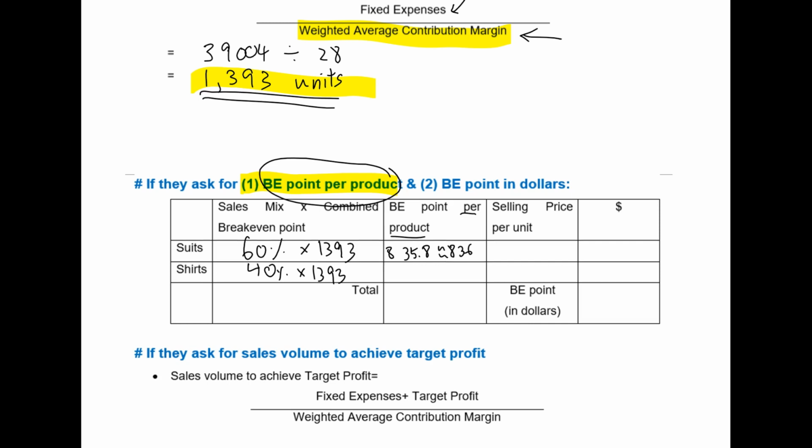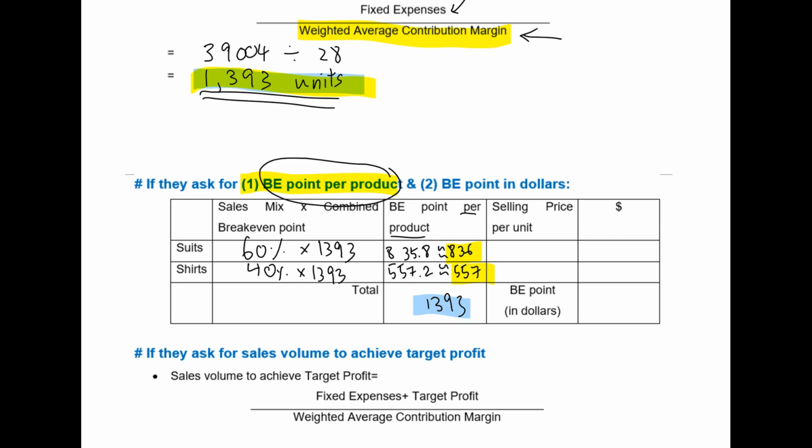For shirts, you take 0.4 or 40% times 1,393, and you get 557.2, which is approximately 557. If you add these two up, you will still get the same 1,393, which is the combined break-even point.